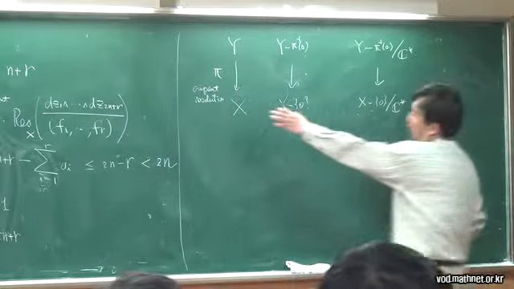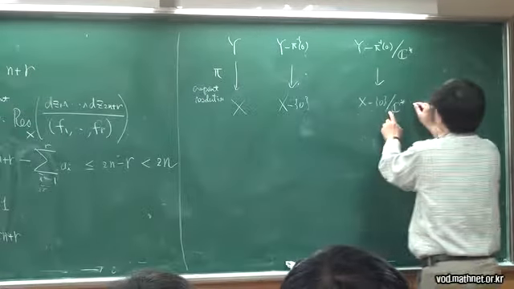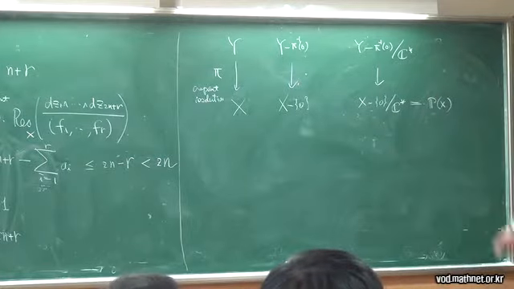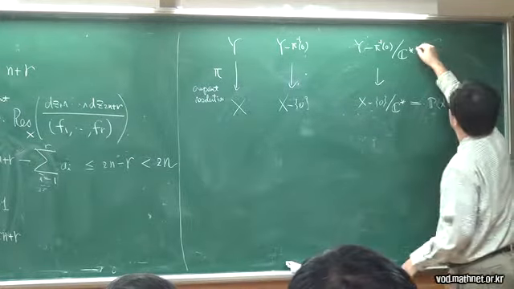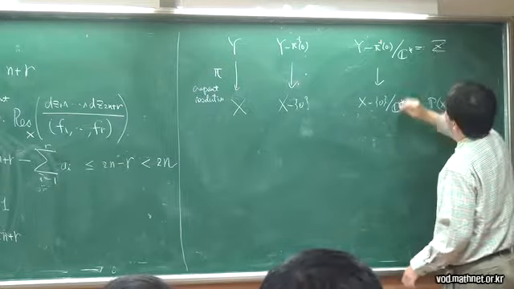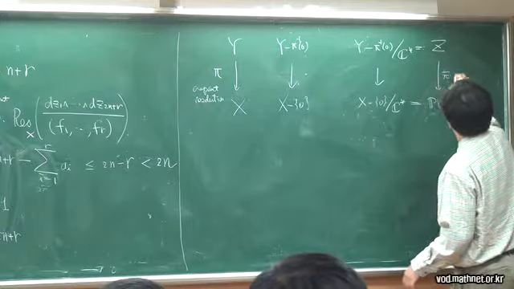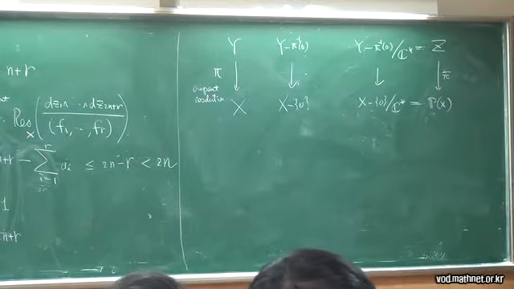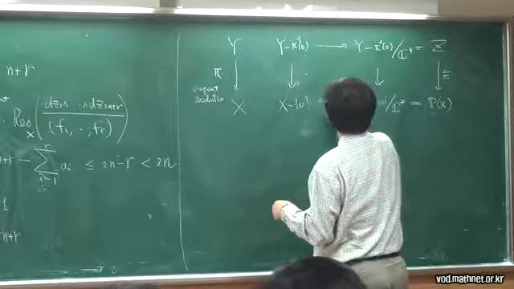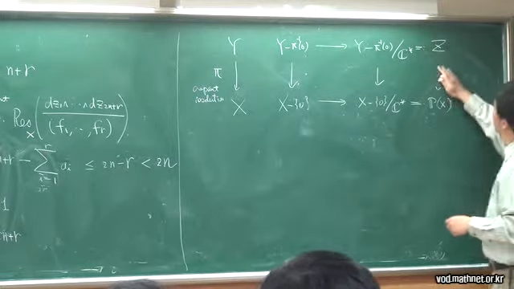But this is an affine cone, so this is nothing but PX, the projectivized cone. And we put this Z. Then we have a natural map from Z to PX. We call it pi bar. Now we have the following situation like this.